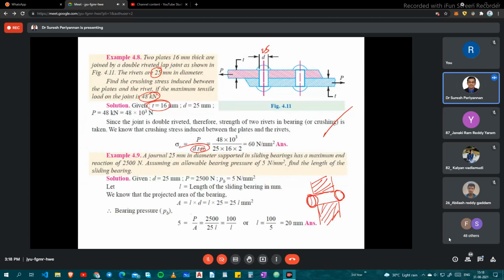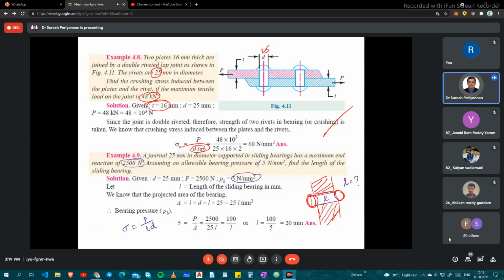This is also a direct formula we discussed. Our intention is to find L, the length of the journal. We know the formula: journal bearing pressure sigma is equal to P by L into D, because this is a projected area, D into L. The load is given as 2,500 Newton, and the bearing pressure is also given, 5 Newton per mm square.